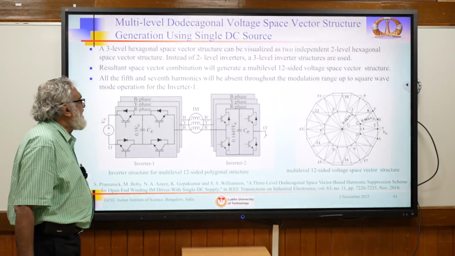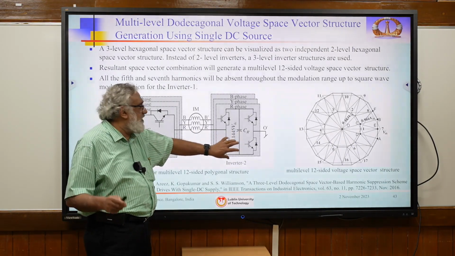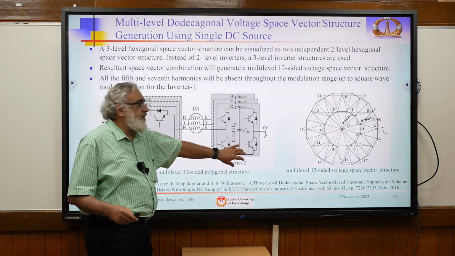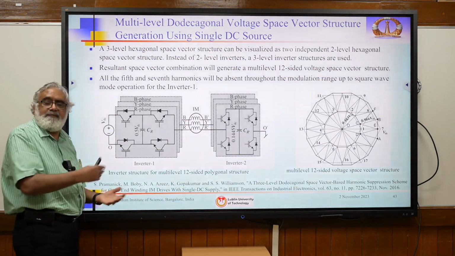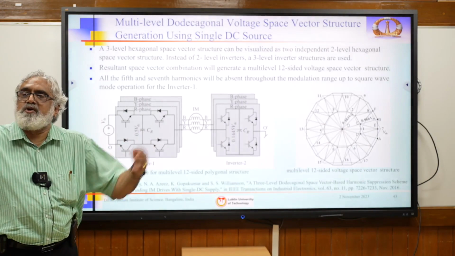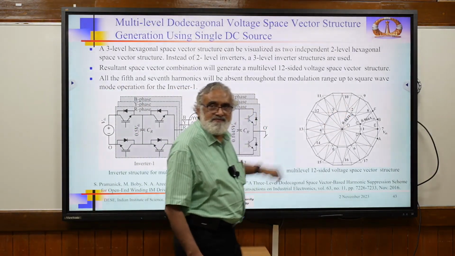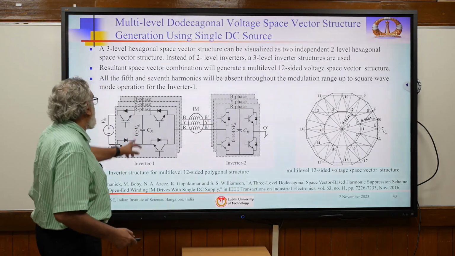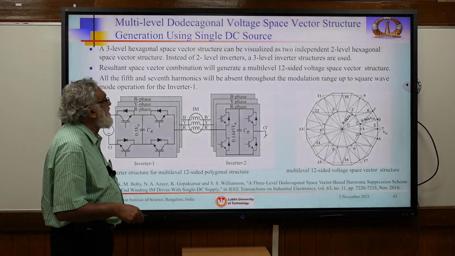That means this 3-level structure can be visualized as a combination of 2-level structures of half of this radius, half of VDC by 2. So these two independent hexagons can independently produce a 12-sided structure. So a combination of the 12-sided structures will give a multi-level structure like this. That's the idea. Here also all the capacitors can be balanced. This is also using the switched average technique.